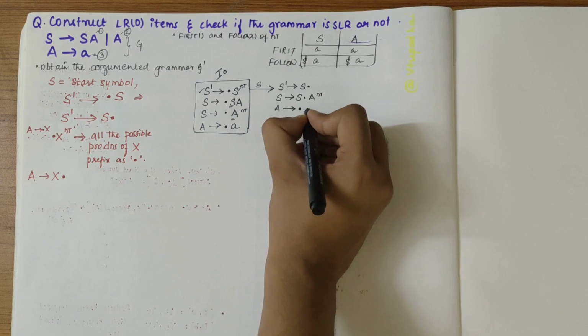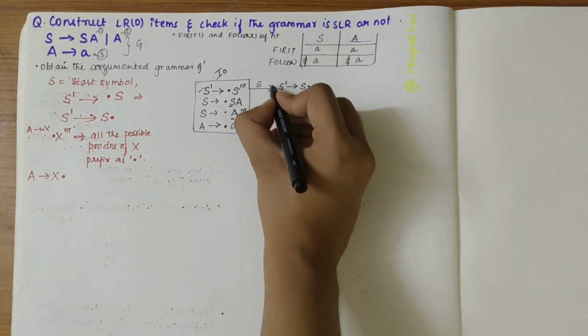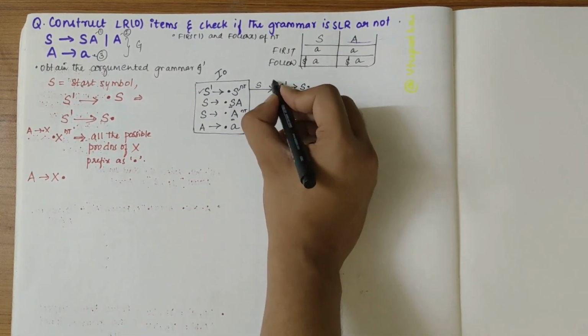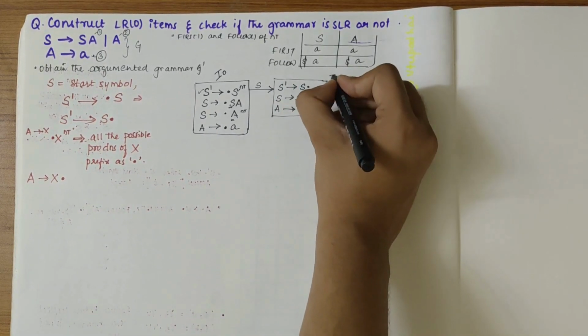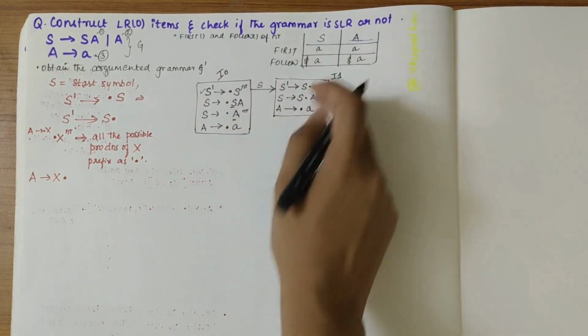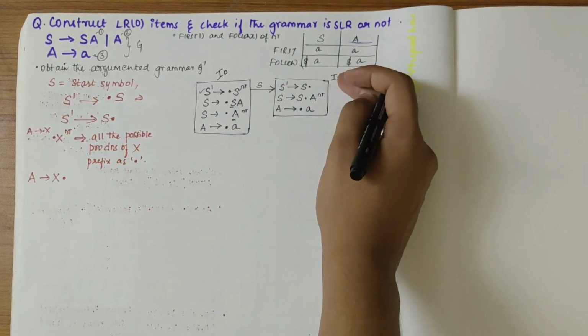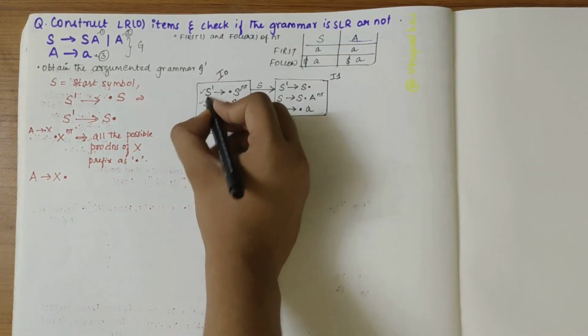So A derives dot a. I'll name these productions as I1, that is item 1. So I'm done with these two.